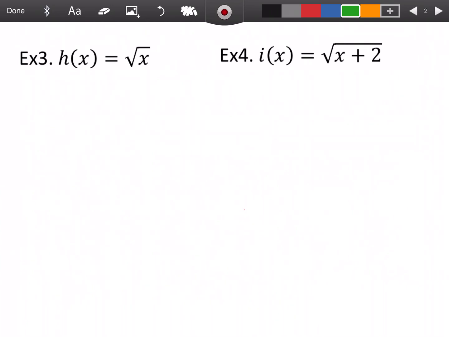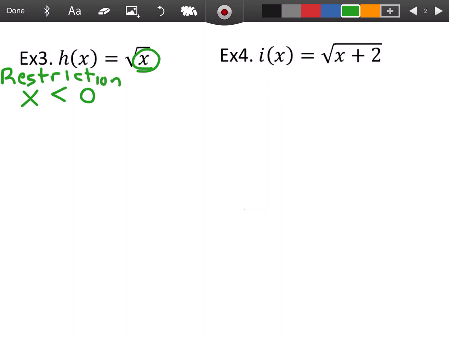We also cannot have the square root of a negative number and get a real number. So think about the x here. x could be 0. Square root of 0 is 0. What number times itself is 0? That's 0. So square root of 0 is fine, but that stuff underneath the radical cannot be less than 0. It cannot be negative.